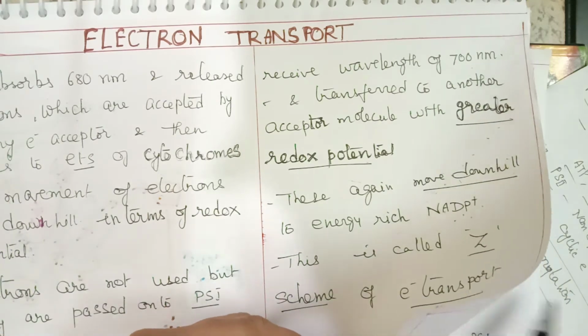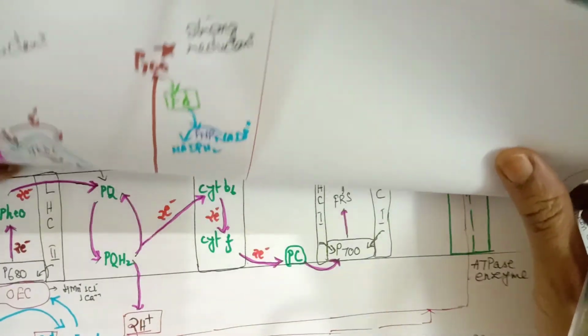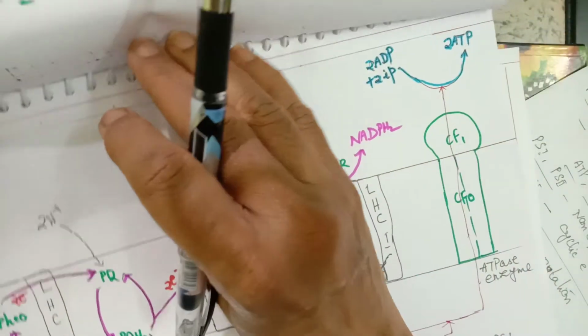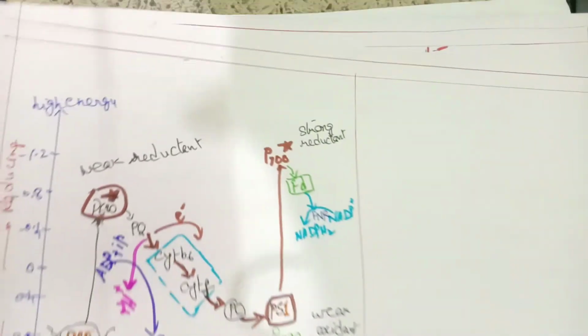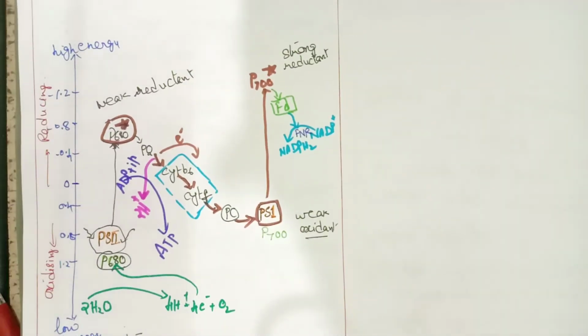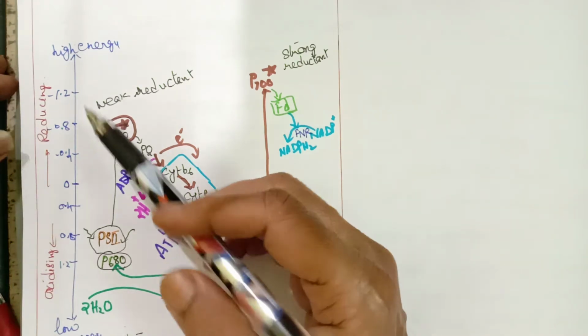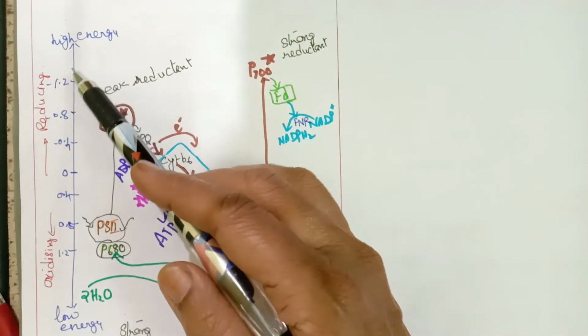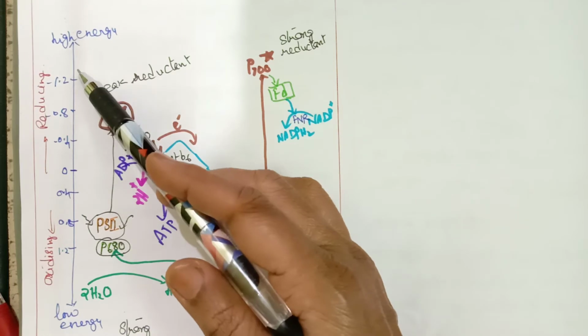Now let us see diagrammatically how exactly the electron transport will take place. In this diagram, this is a redox potential scale.